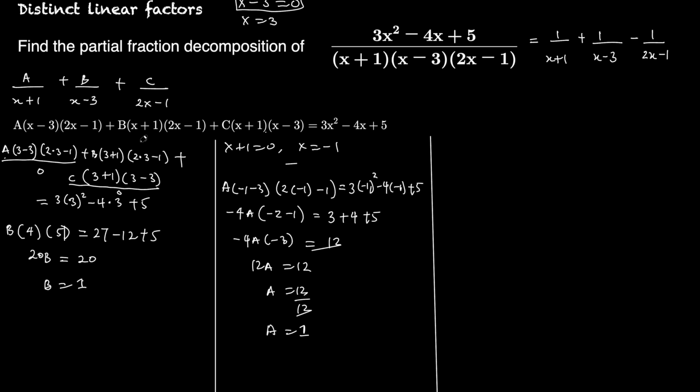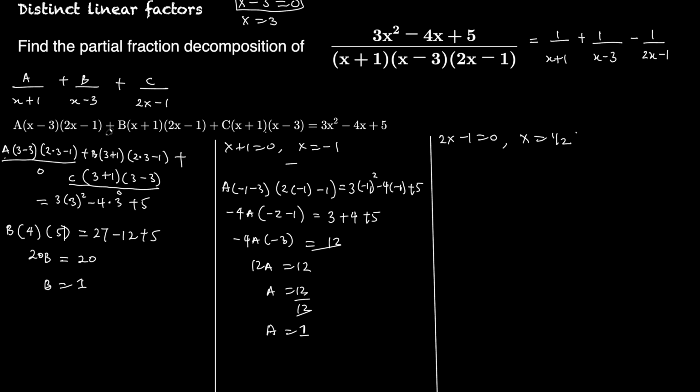Lastly, we have to set 2x minus 1 to be 0, so that will make x equal to 1 over 2. Plug that in every place where you have 2x minus 1, and then you have 0.